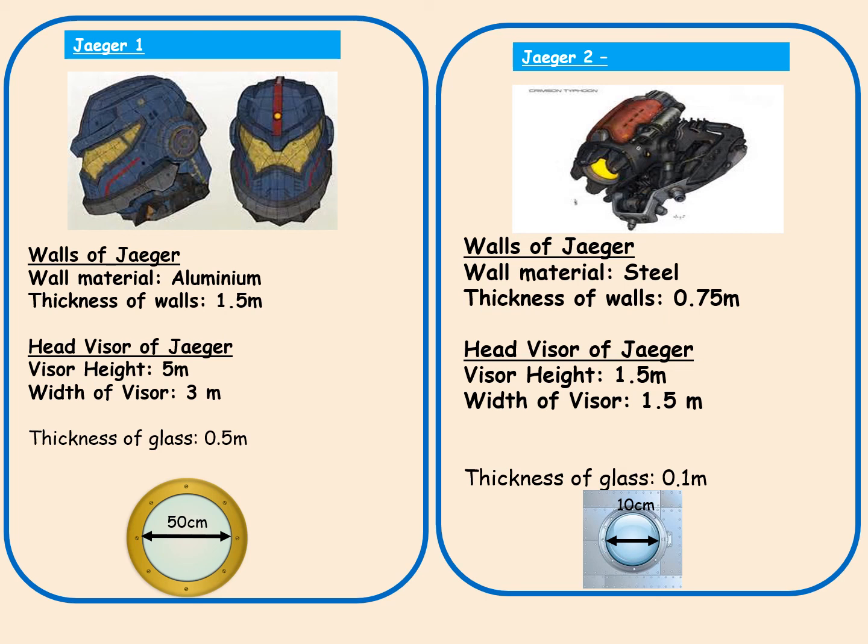The visor height on the left one is 5 meters, on the right is 1.5, width is 3, width is 1.5, and the thickness of the glass is 0.5 meters compared to 0.1 meters. Think about which one would be the best for surviving under extreme amounts of pressure.